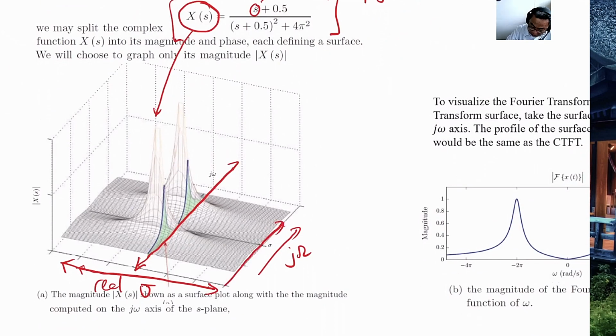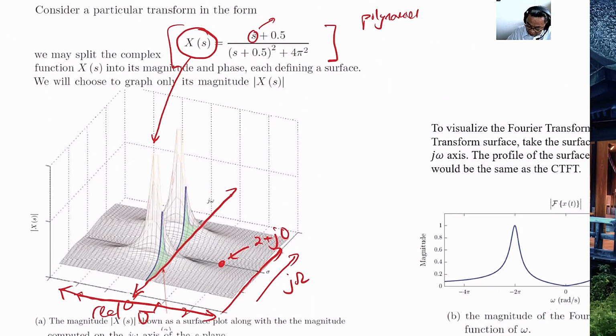For each value that you substitute in, for example, sigma equal to 2 and j omega equal to 0, so this is 2 plus j0, if you substitute this into this equation over here, you'll get a complex value. And you can plot the magnitude of the complex value, and for the entire s-plane, you get a surface, and this is what we are seeing here.